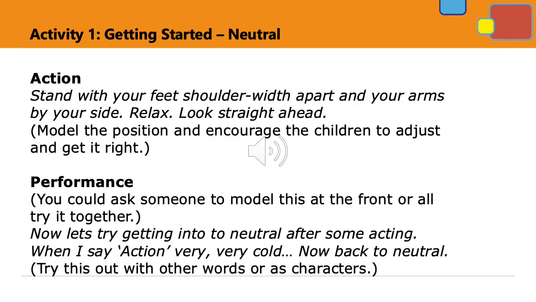Action. This is your directions to the children. Stand with your feet shoulder width apart and your arms by your side. Relax. Look straight ahead. Don't forget to model the position. Stand in neutral yourself and encourage the children to adjust and get it right. Give them really specific directions.